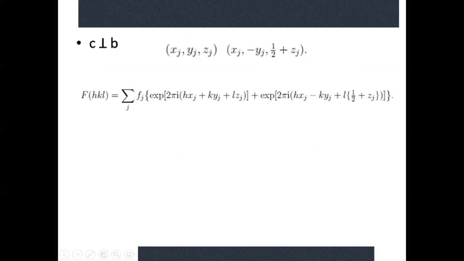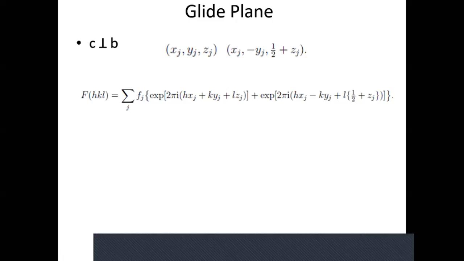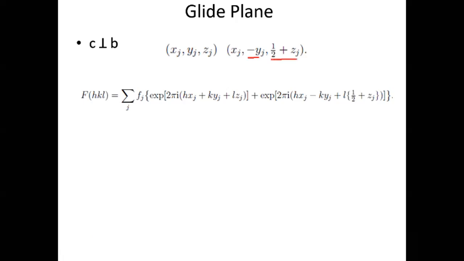So now what we're looking at are glide planes. This is the last type of symmetry involving translation. So here, if we have a C glide perpendicular to B, well, B becomes negative and we translate along the Z axis.